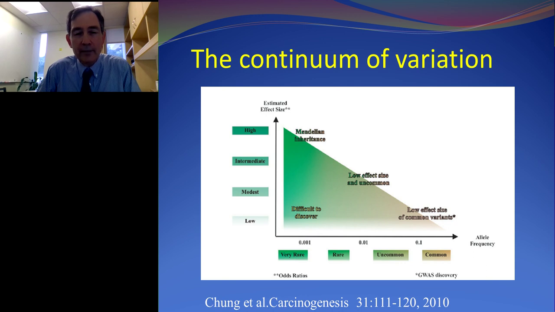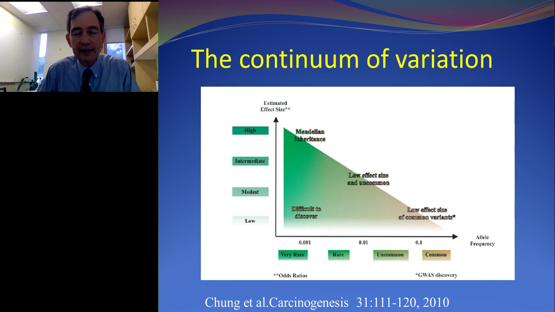In the middle, there's the sort of medium effect, and relatively uncommon. Those are actually quite hard to identify, and that kind of design would be select cases with lots of relatives and trying to sequence the cases rather than trying to collect the whole family.